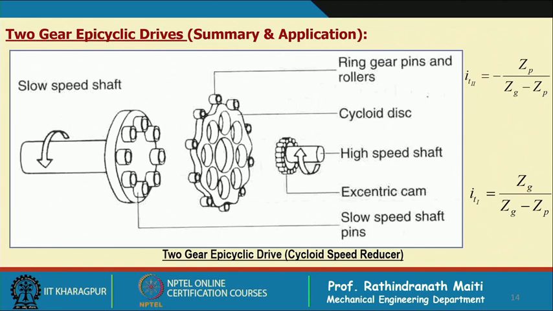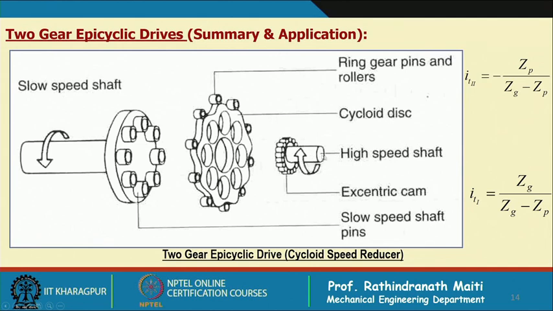It will be type 1 or type 2 depending on which one is fixed and through which we are taking the output. In this case, you should remember the input is always the arm, which is a cam sort of thing put inside here.